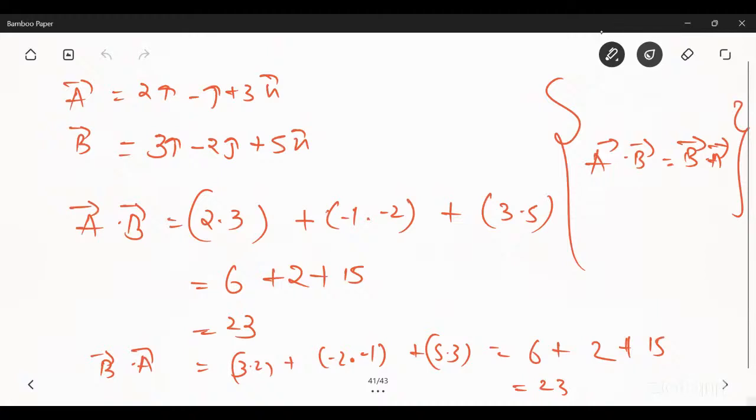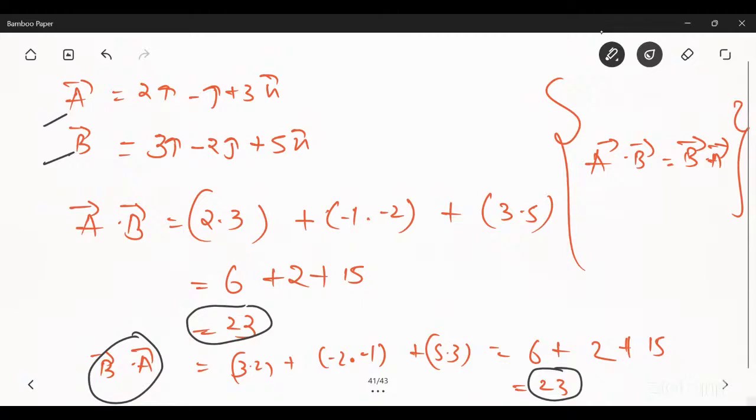Now, if you see here, if you multiply two vectors, you will get a scalar quantity. So that's why we call it a dot or scalar product. Dot or scalar product means that on multiplying two vectors, we get a scalar quantity.